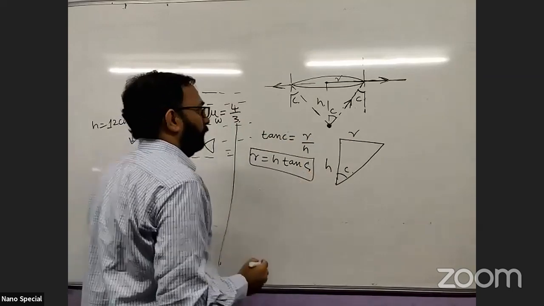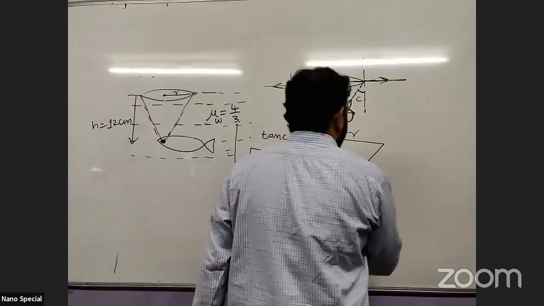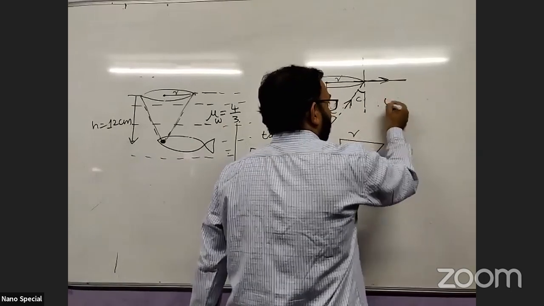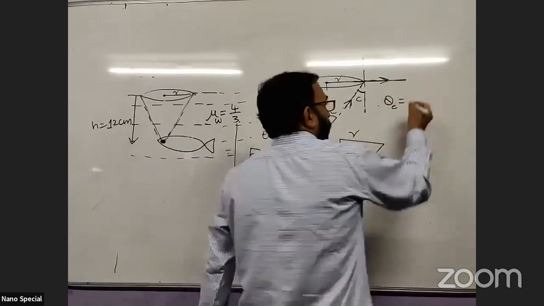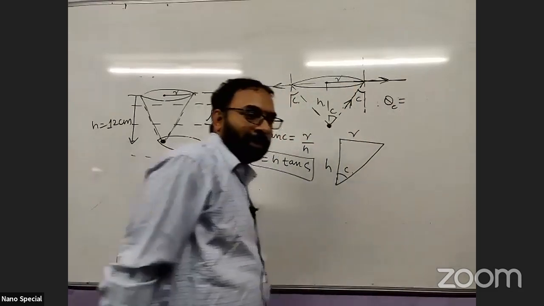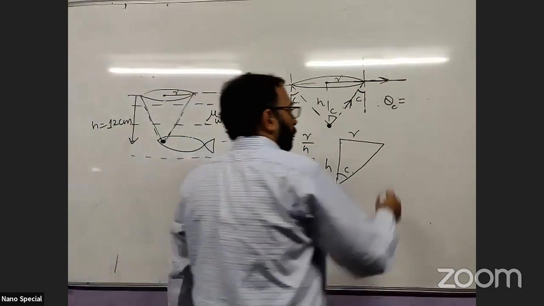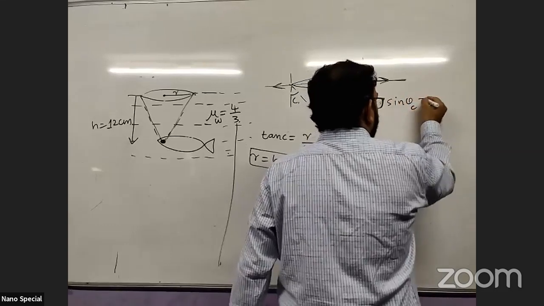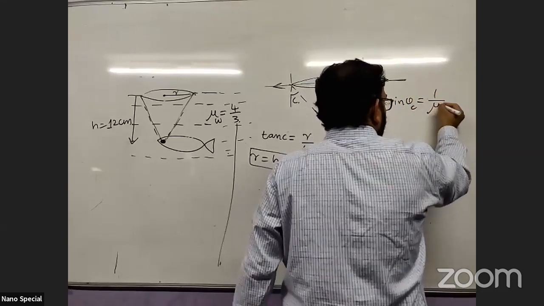Next, we know that for the critical angle theta C, mu is equal to 1 by sin C, or theta C is sin inverse of 1 by mu, or sin of the critical angle is 1 by the refractive index.